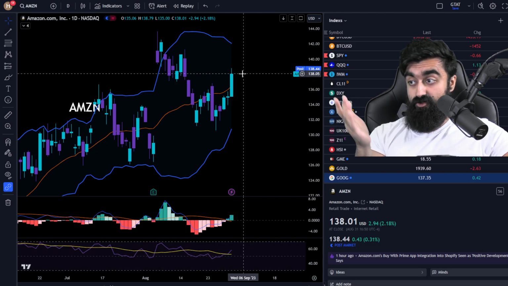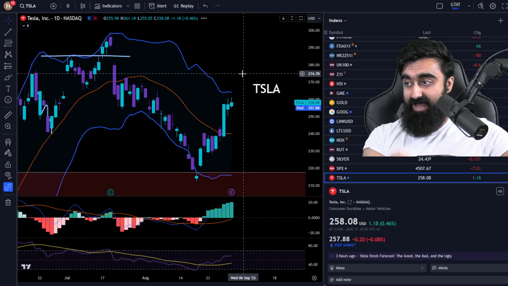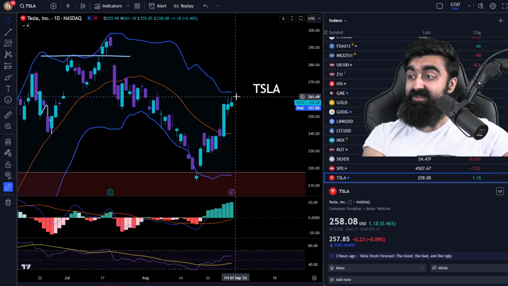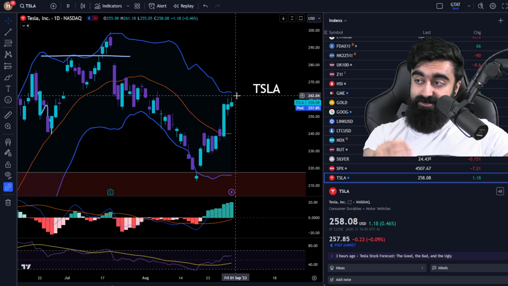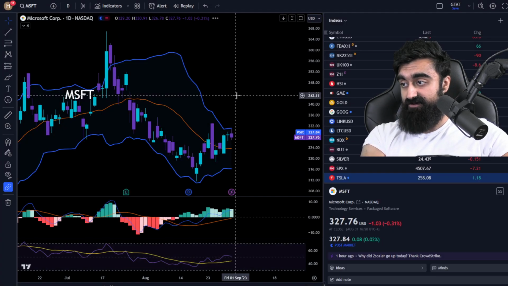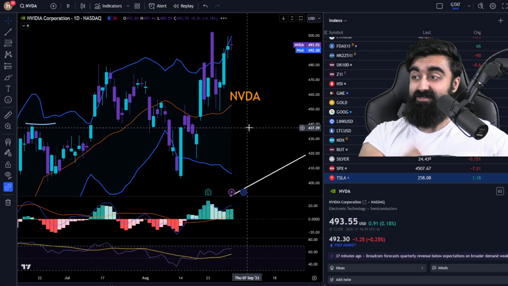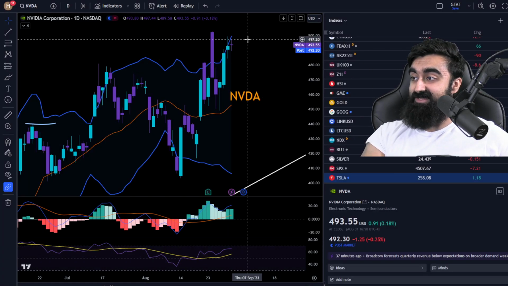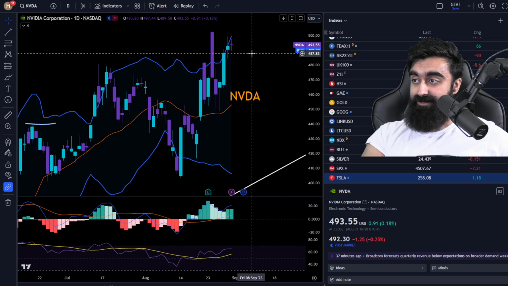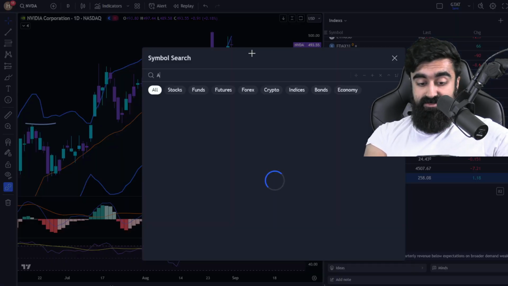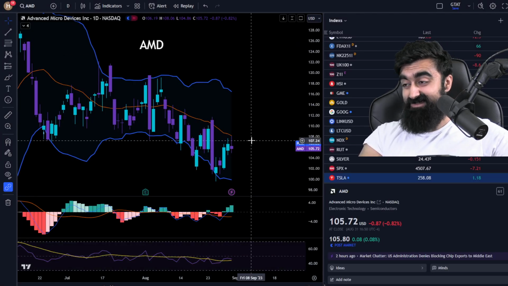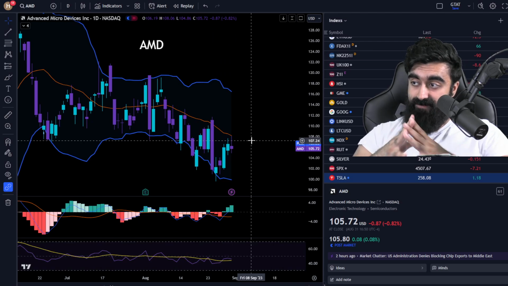So Amazon looks strong. But Tesla also has a bull flag at this major level of resistance. And Microsoft, same concept. Nvidia basically regained almost all of its gains back up to almost $500 already. And AMD, same sort of setup.